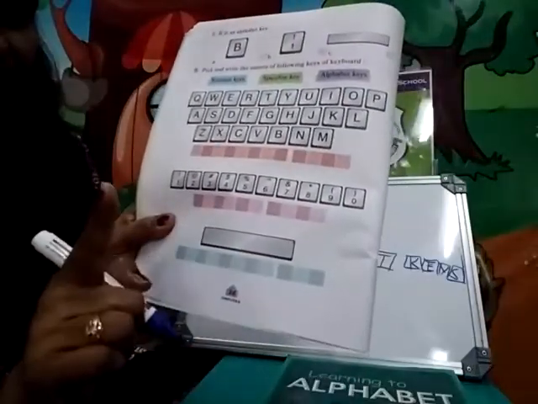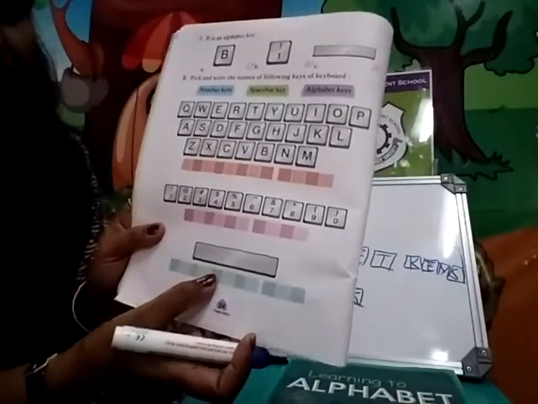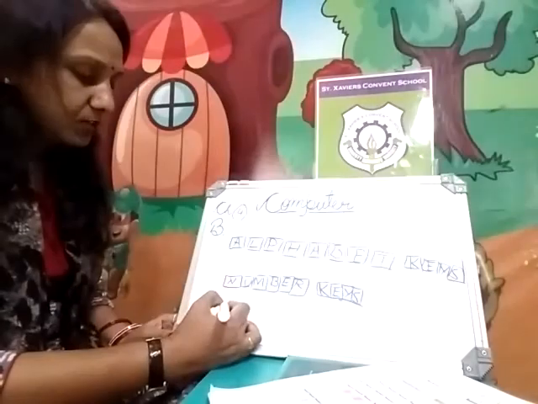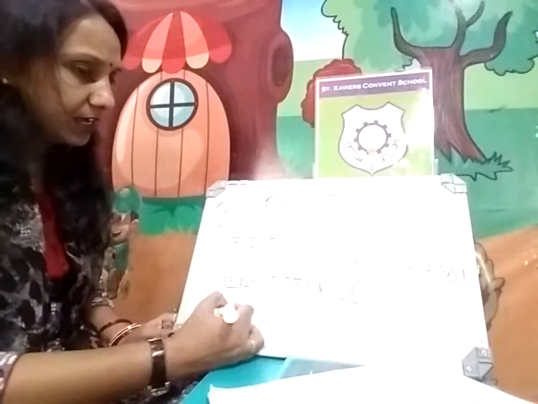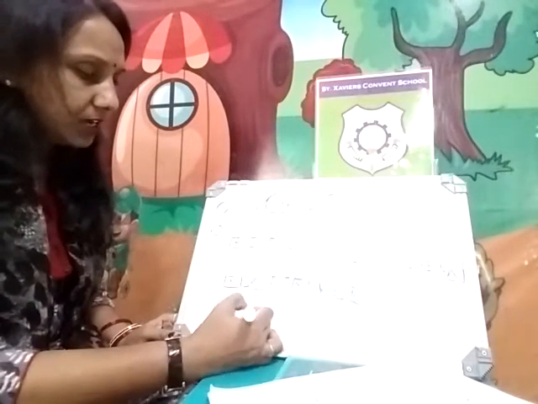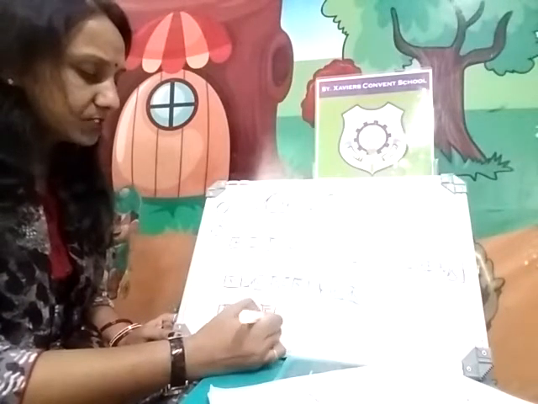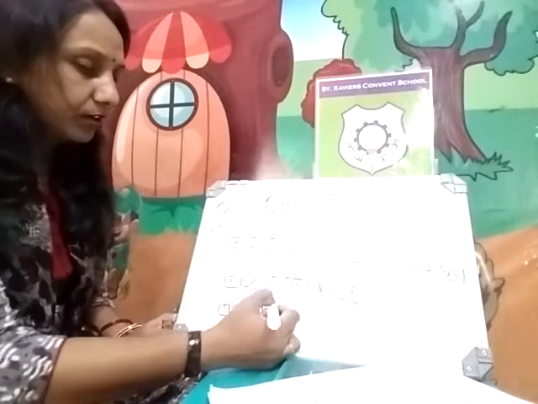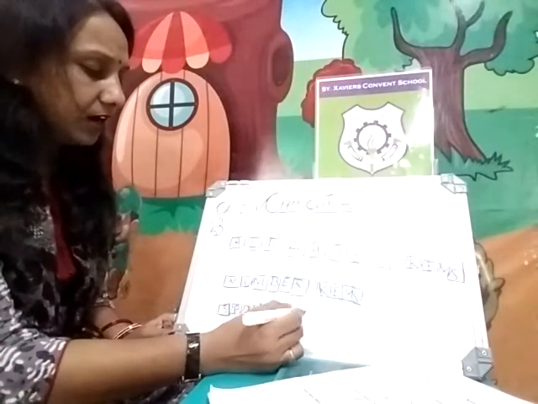And this longest one is what? One key. So what's the name of this key? Space bar. Yes, you're right. You will write here space bar. S-P-A-C-E, space, B-A-R, bar.